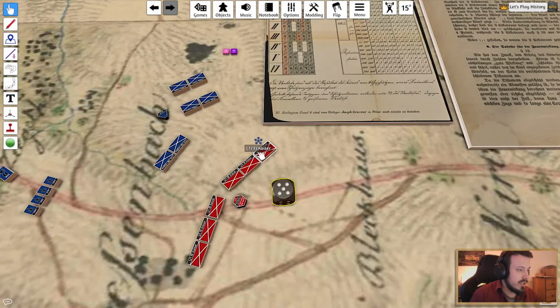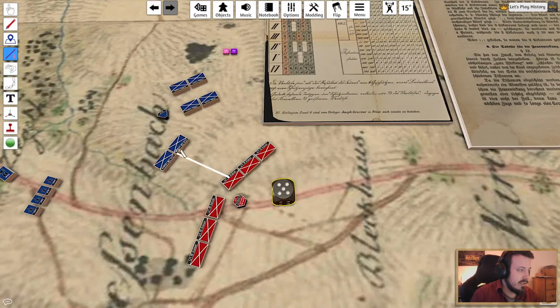Now, question is, would these two companies be able to fire down there potentially? Right? And that's a very interesting question. They probably have not quite an effective range here, because they are up to 500 paces.